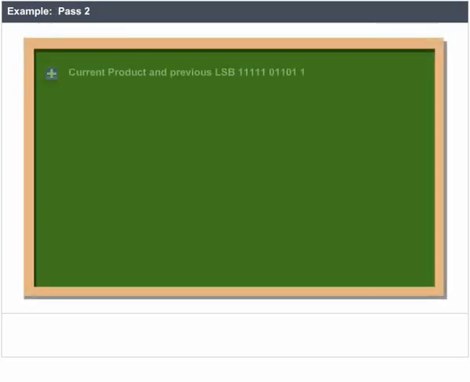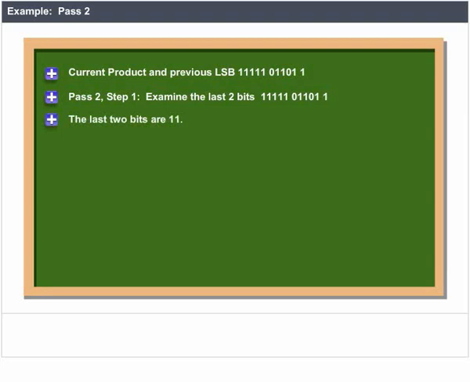Example, Pass 2. Current product and previous LSB: 11111, 01101, 1. Pass 2, Step 1. Examine the last two bits of 11111, 01101, 1. The last two bits are 1, 1. We do not need to perform any arithmetic action.